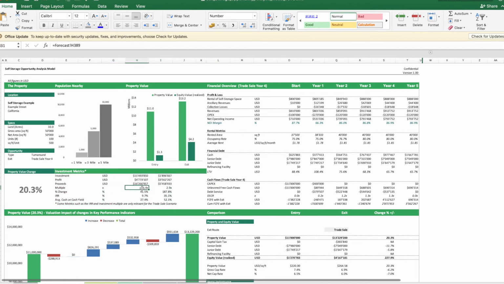In that example, property value increases by 20%. But then if you look at it from the cash flow perspective, there's a slight difference in multiples, but the effect here will be that this one is unlevered, and this one are the levered cash flows and metrics.